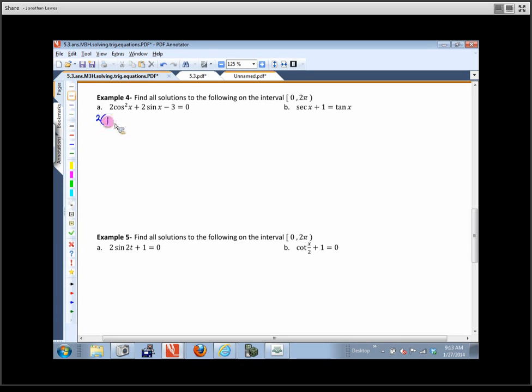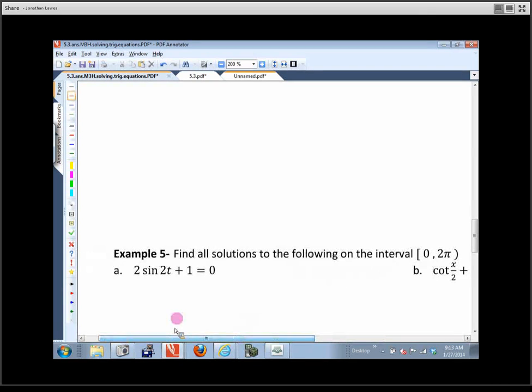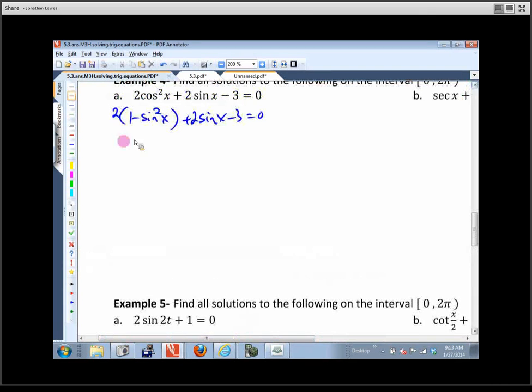Okay, it's going to be 1 minus sine squared x. And then this is plus 2 sine x minus 3 equals 0. So this is going to be 2 minus 2 sine squared x plus 2 sine x minus 3 equals 0.